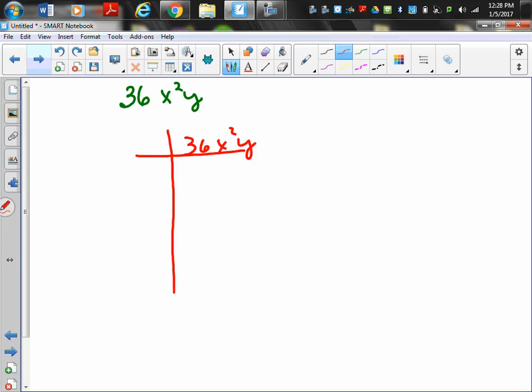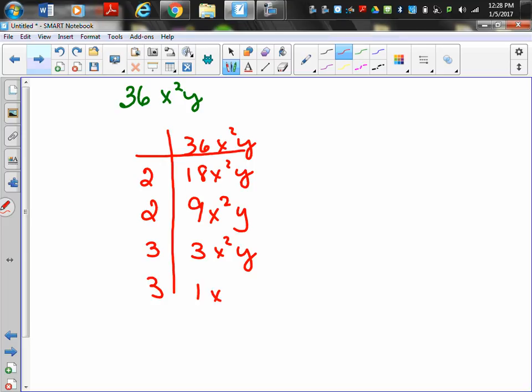Start with 2. 36 divided by 2. 18. Alright, 18 divided by 2. Can 9 be divided by 2? No, 3. So it's got to be 3. So 3 times 3. 3 divided by 3? So 3, 1, x squared y.